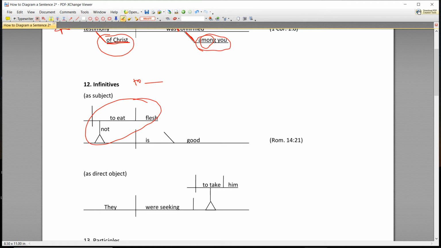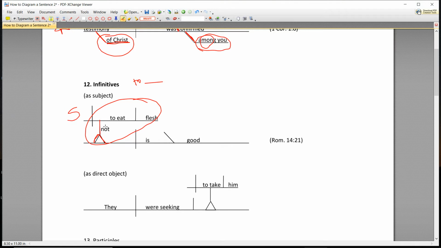And then that phrase is functioning as the subject, right? So the whole thing is subject, but this is more than one word, so we lift it, right? And then who's not eating flesh? We don't know, but basically everyone, right? So we'll leave the subject section empty.